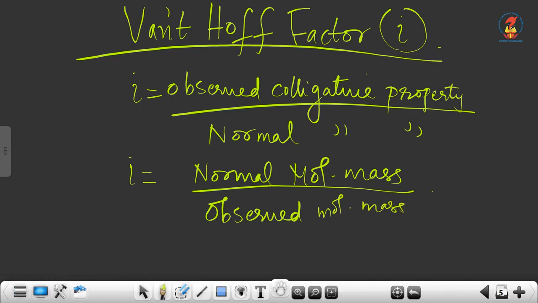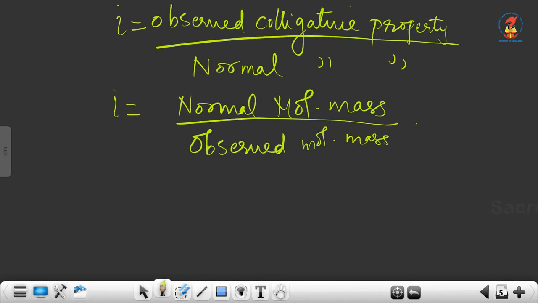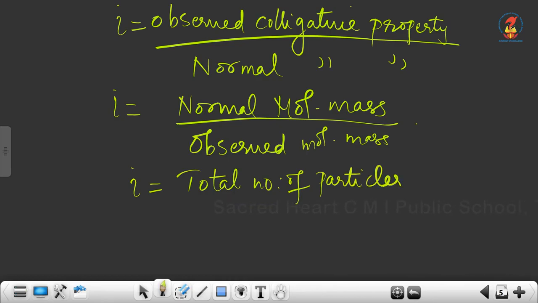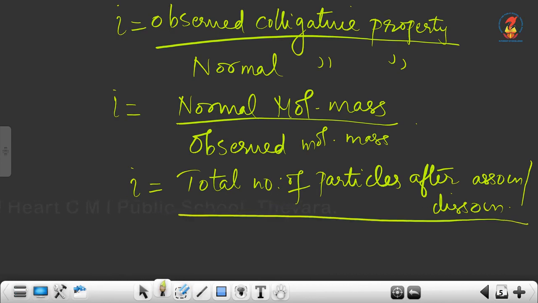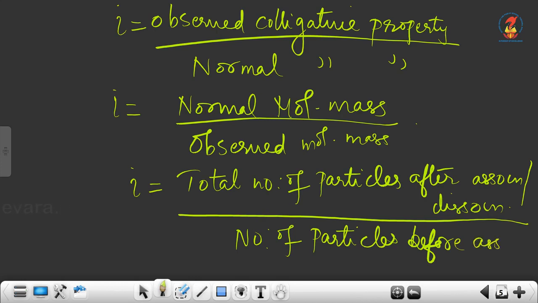Now, there is another expression to find i: the value of i is equal to the total number of particles after association or dissociation divided by the number of particles before association or dissociation.